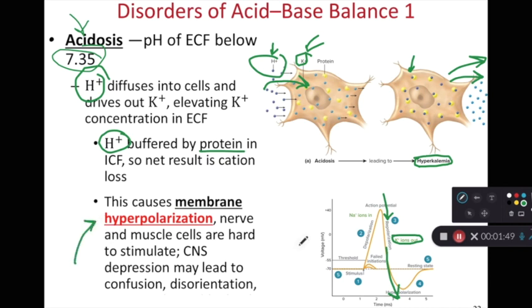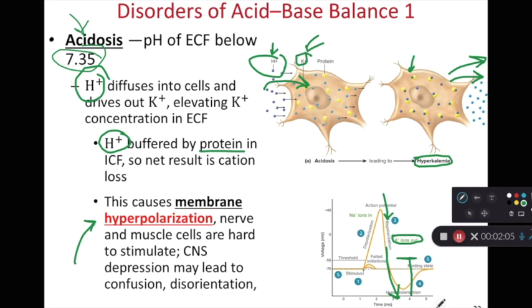With hyperpolarized cell membranes, in order to initiate an action potential, we have to raise the voltage up that much higher to get to the threshold voltage that triggers the action potential.